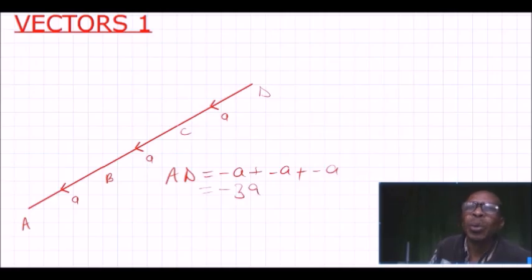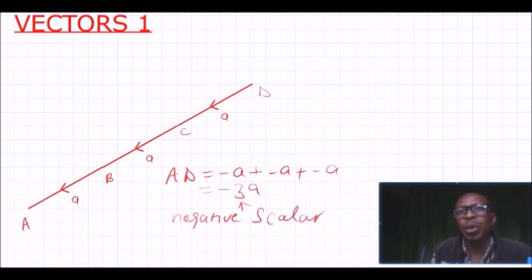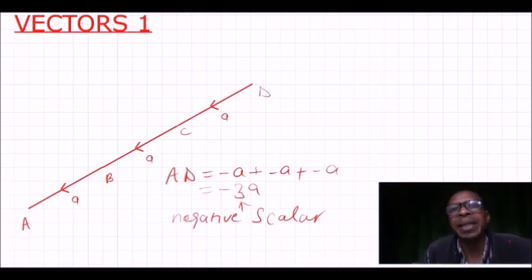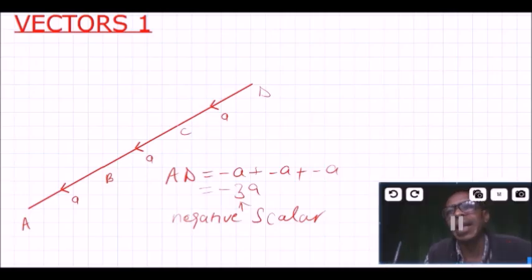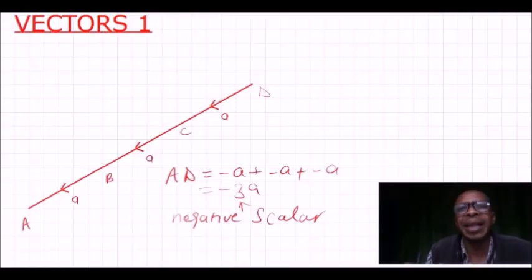So minus 3 is referred to as a negative scalar. When the number multiplied by a vector is negative, we refer to it as a negative scalar. I hope that is clear.